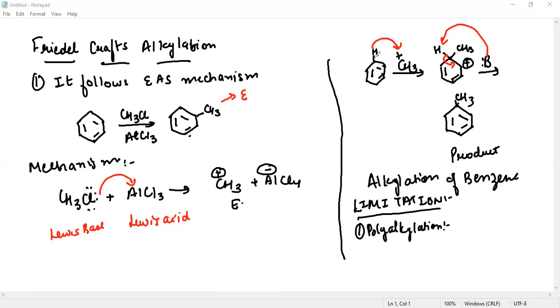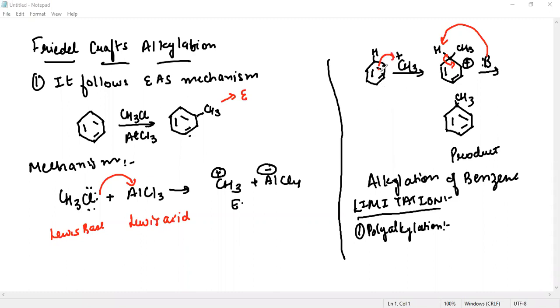So this is your benzene ring with the hydrogen here. What will happen? This double bond will go ahead and attack here. So I should put the arrow here. Let me just do that. This is how it goes. So this double bond will go ahead and attack it here.